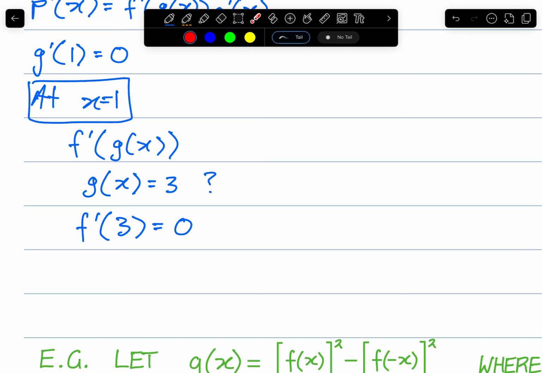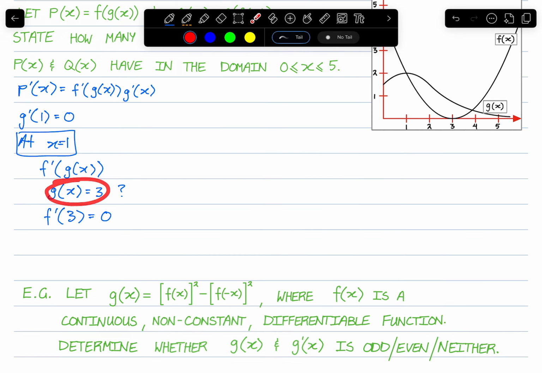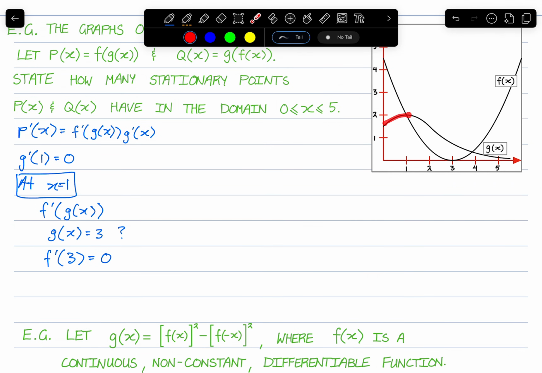Okay, so think about that. Whenever this becomes 3, the result of g becomes the input of f prime. And as you can see, f prime of 3 will give us 0. So answering this question from the graph, g of x equals 3. Can you see any point where the curve can equal 3?